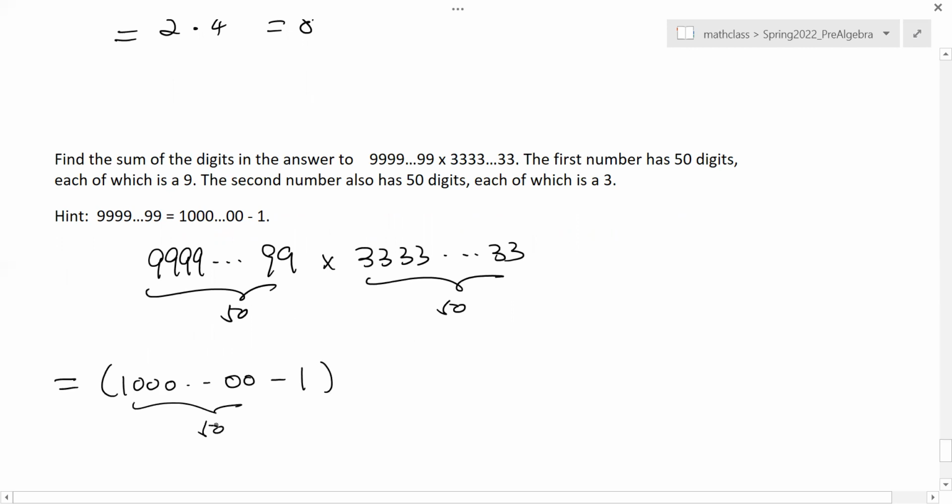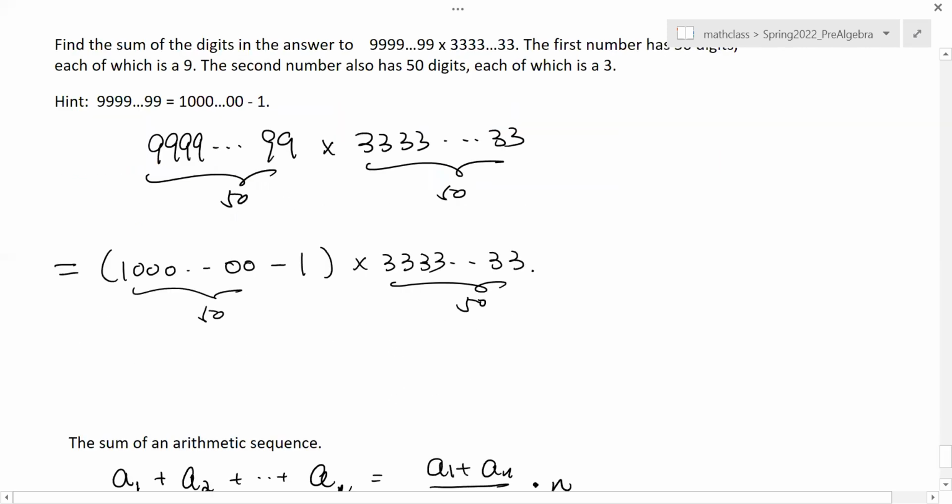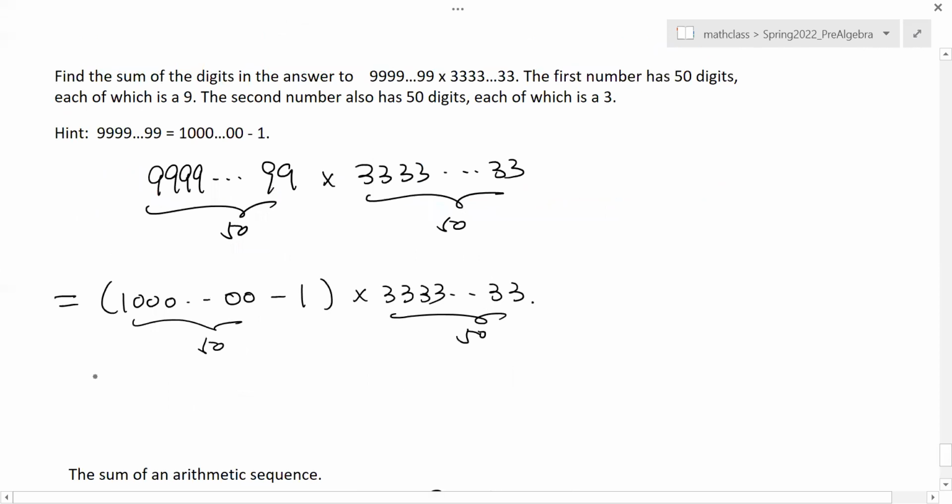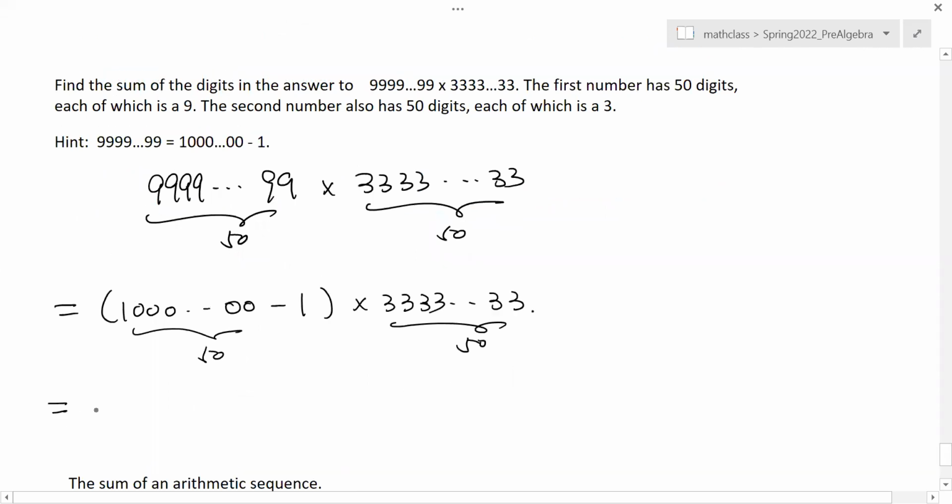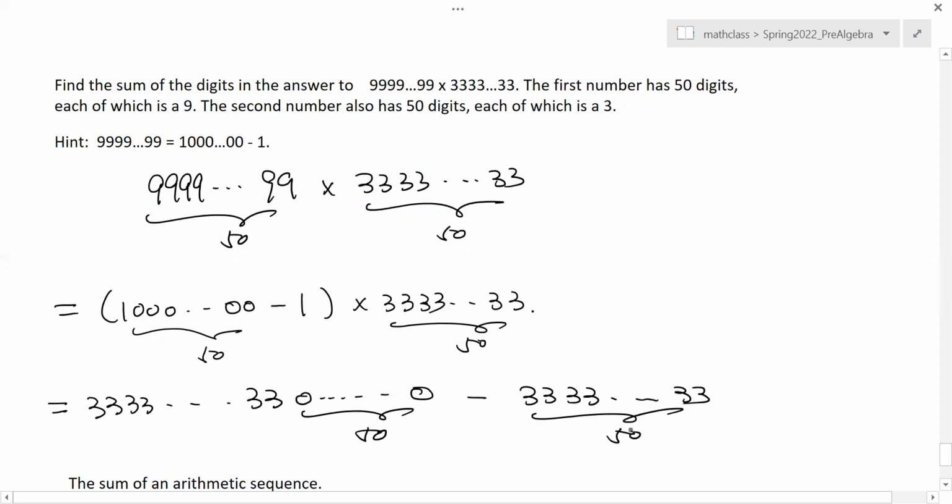And then you multiply. Then you will get, you add, I need to add the 50 zeros. Okay, 50 zeros minus, you have 53 here.